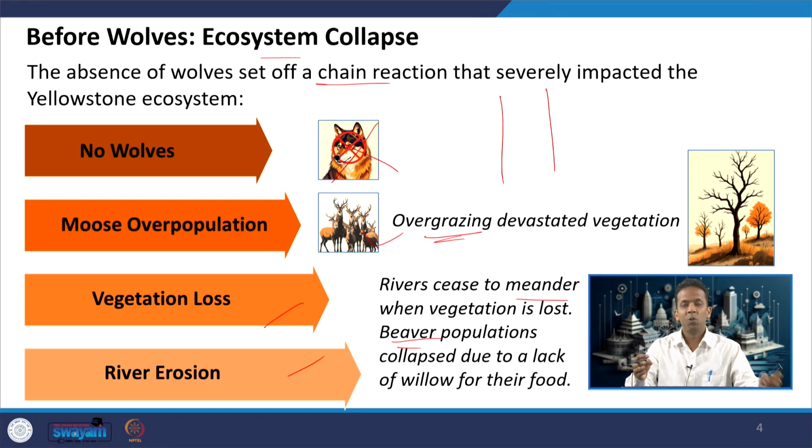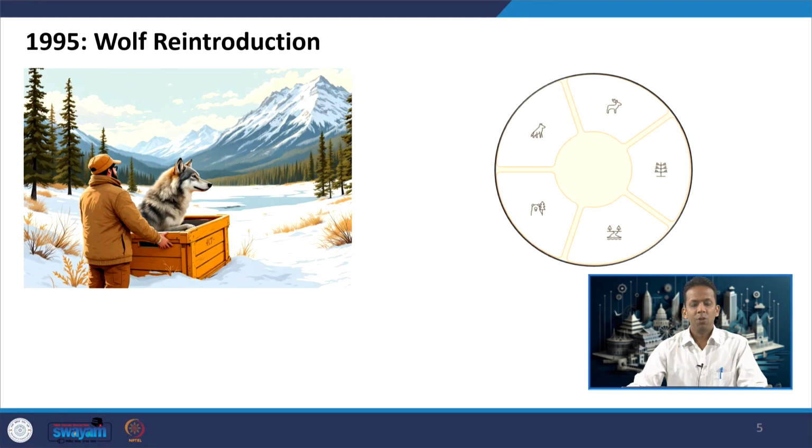Because of the widened, straight river and the loss of trees like willow, the beavers could not get twigs for their food, and their population collapsed. So, they could not construct any more dams or blockages in the water pathway. That was before wolves were reintroduced.